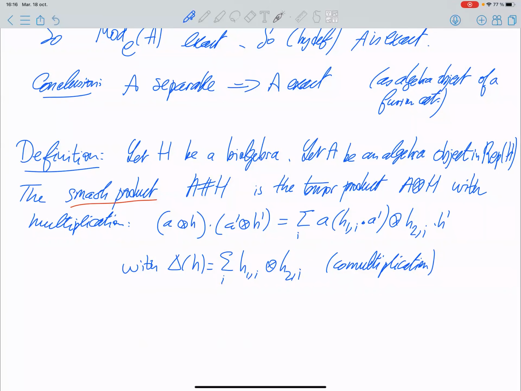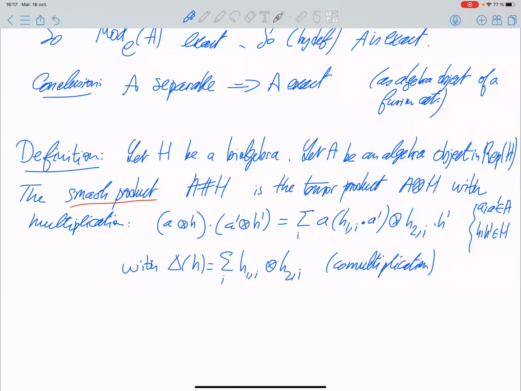So you see here the algebra structure on A, and here on H. A prime in A, H prime in H.